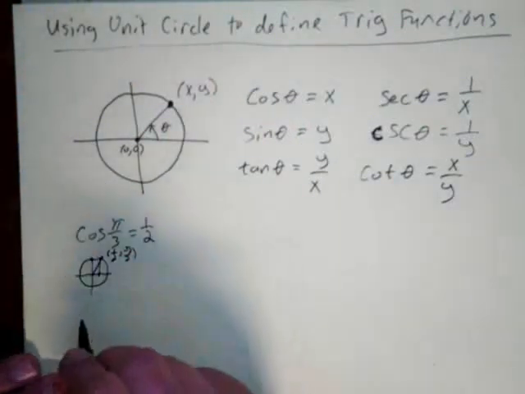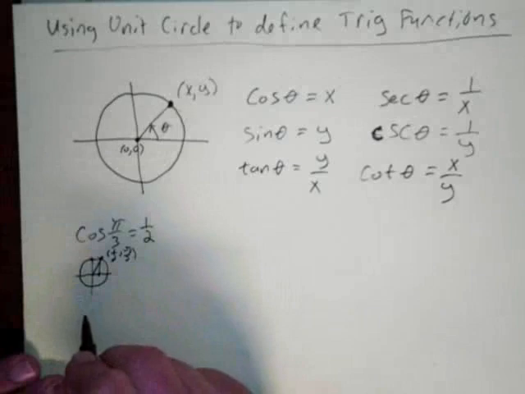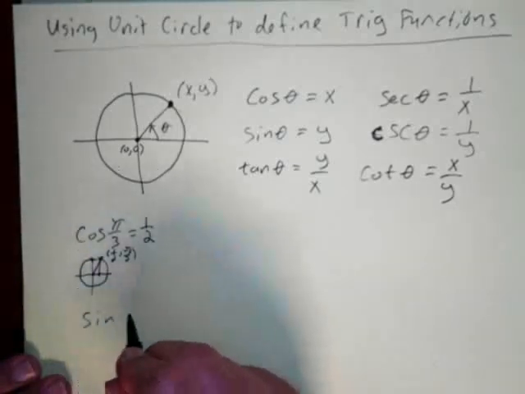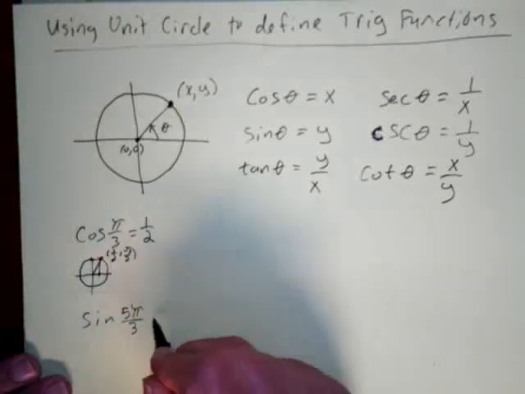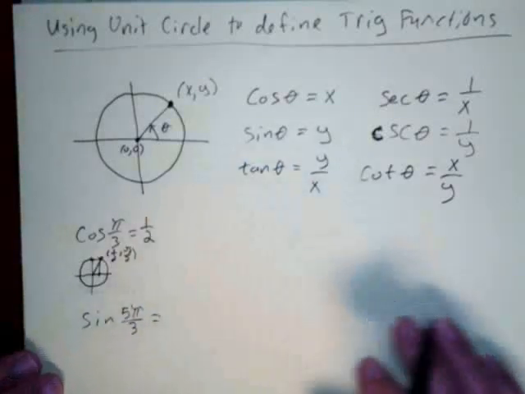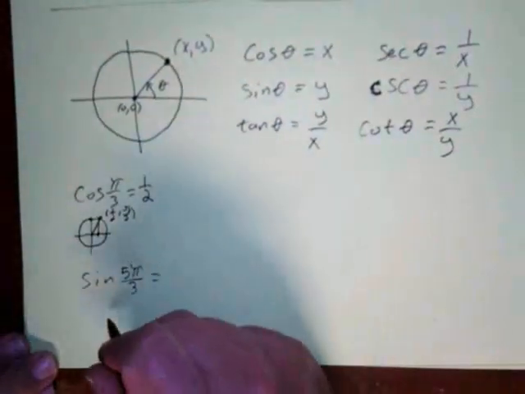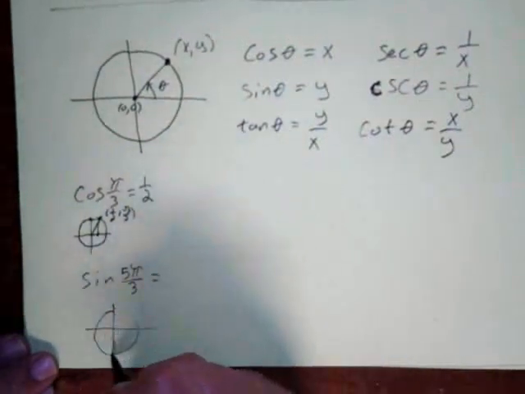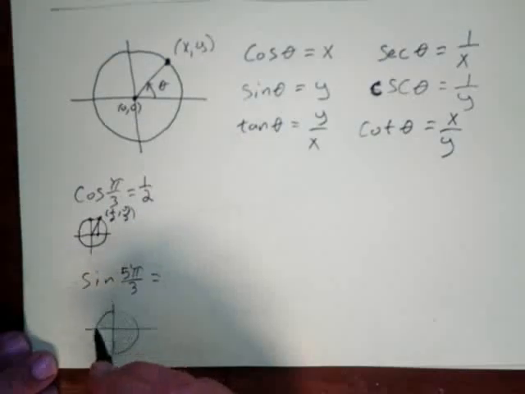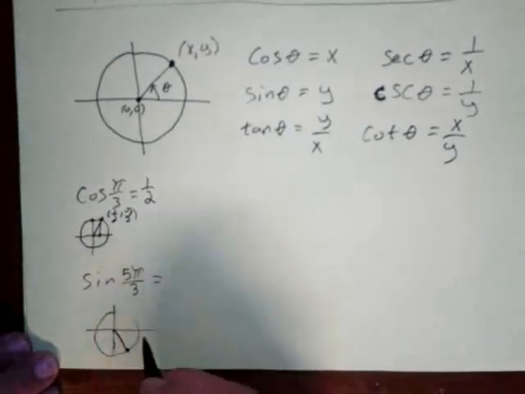Let's try another one. We'll say sine of 5 pi over 3. I want to evaluate this. So in my mind, I just think, oh, 5 pi over 3. There's 6 pi's over 3 around the circle. That means I'm backing up 1, and I'm right here.